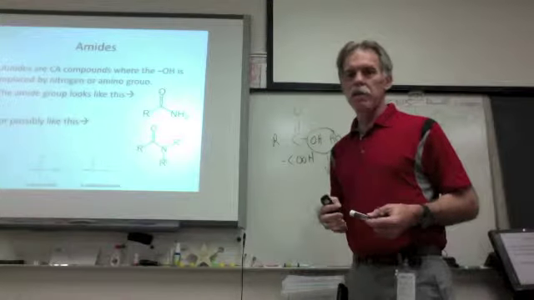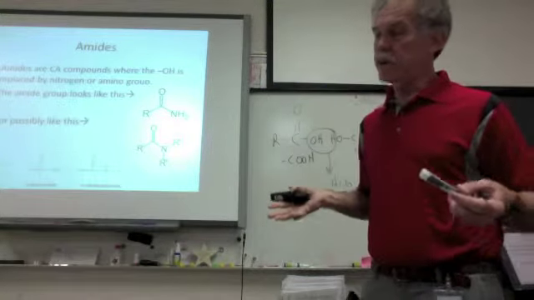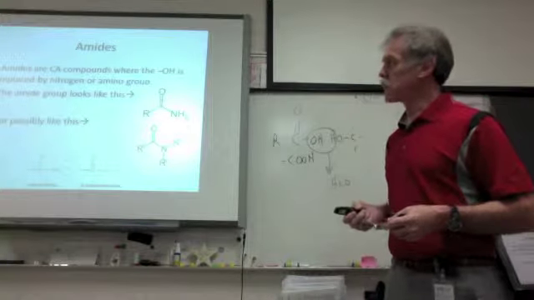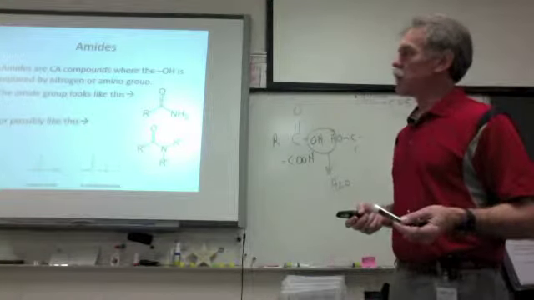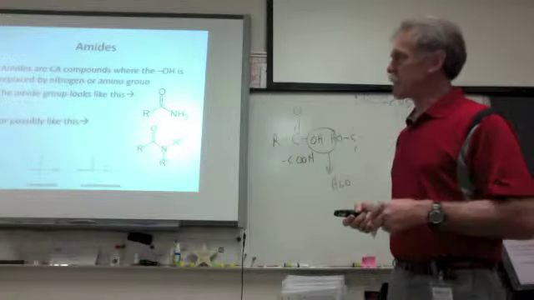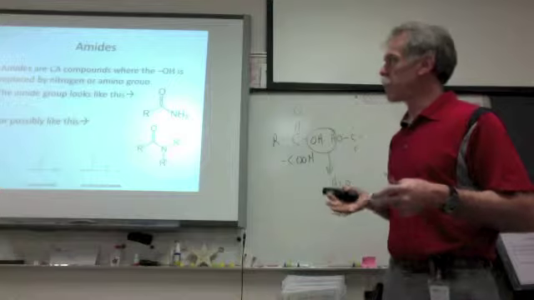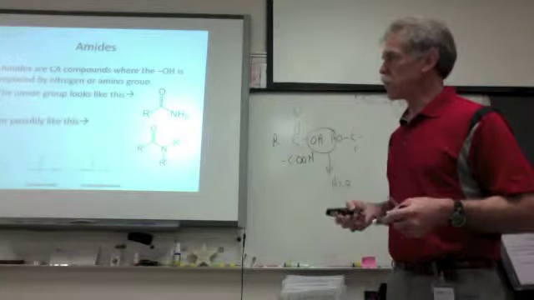Amides. So we're getting up on our last group, and there are other types of groups, but we're trying to cover the most common ones. Amides are carboxylic acid compounds where the OH is replaced by a nitrogen or amino group, so the NH2 group.